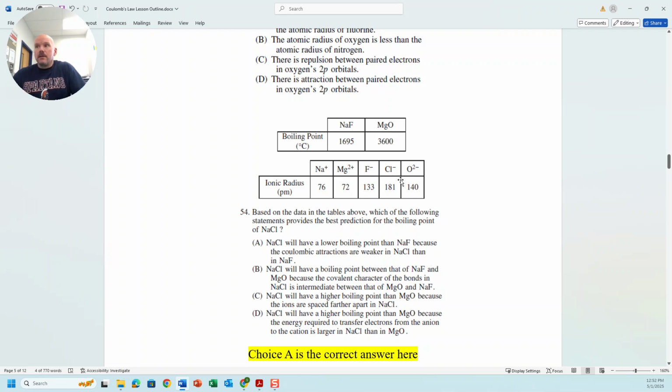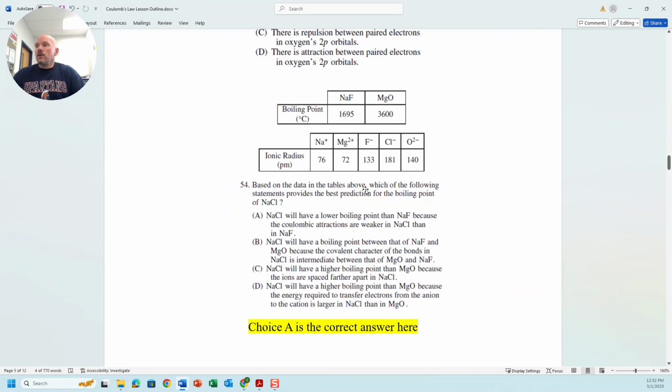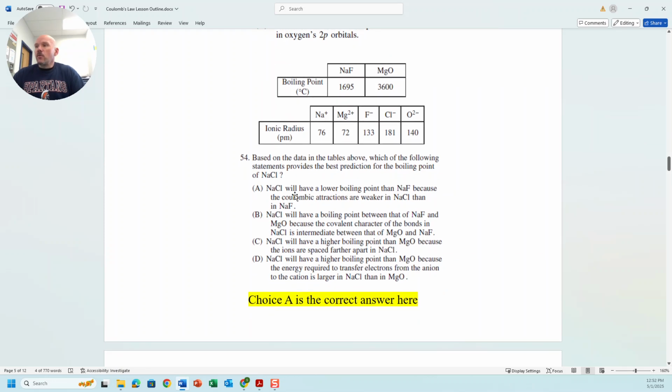Okay, and that's it. So it says sodium chloride will have a lower boiling point than sodium fluoride because the Coulombic attractions are weaker in sodium chloride than sodium fluoride. Yes. Okay. Let's see if there's another one. No, that's the only answer choice that's saying sodium chloride would be lower than sodium fluoride.